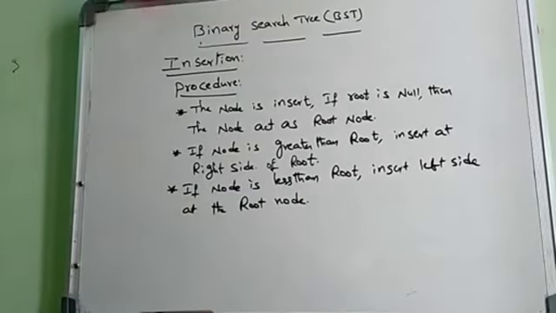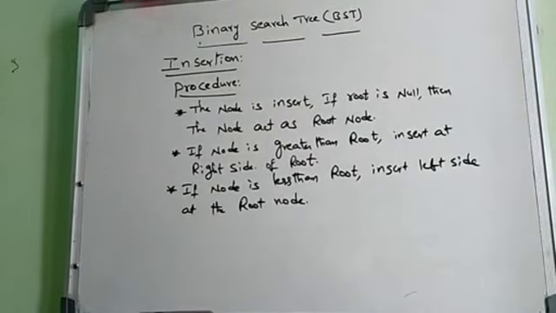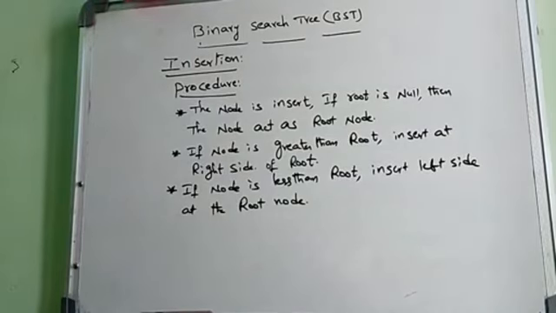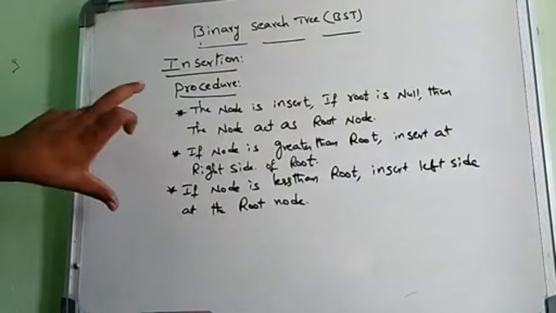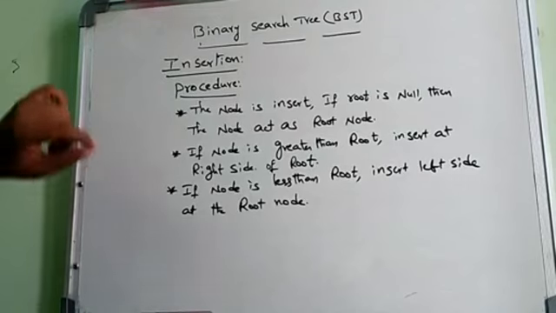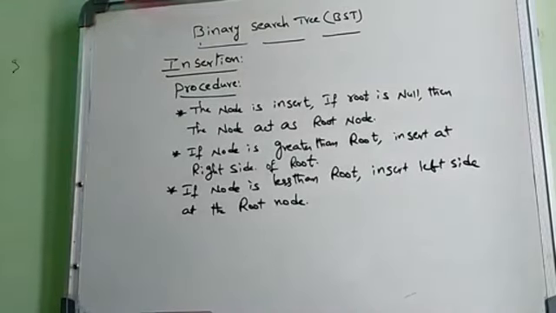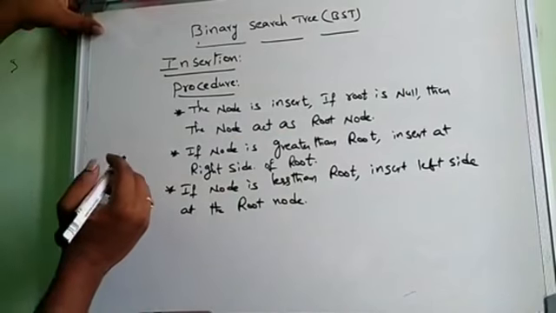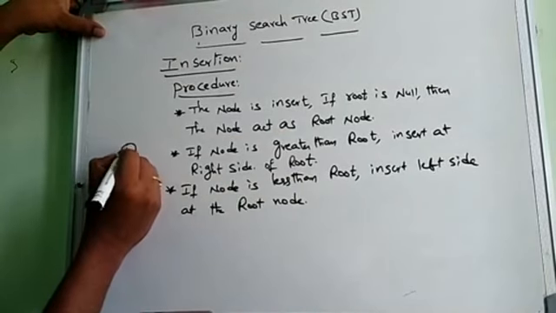Okay, let us look at insertion in a binary search tree. So take the insertion procedure. Before inserting any node in the binary search tree, the node follows these three properties. First, if the new node is inserted and there is no root, that is the root is null, then the node acts as the root node.